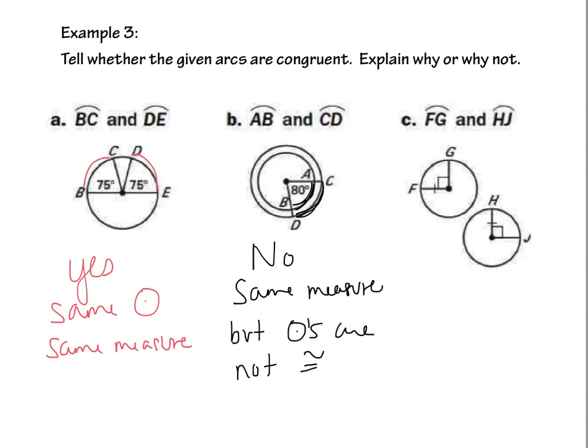And the last one. We have arc FG and HG. If you'll notice, the radius is marked the same for both of them. They both have one tick mark, which means they're the equal measure. So that means they are not the same circle, but congruent circles.